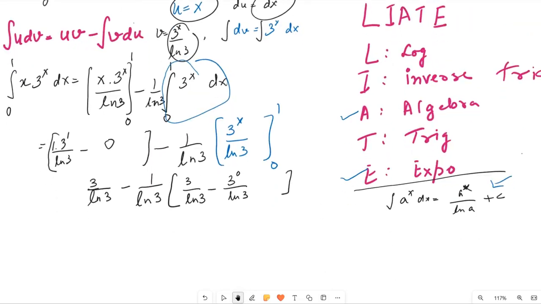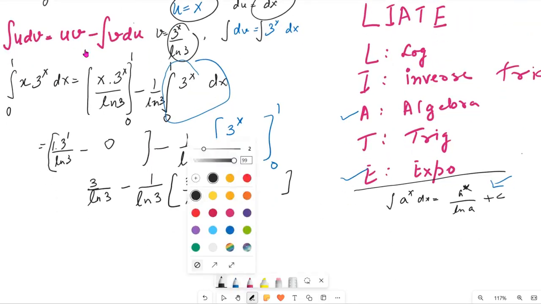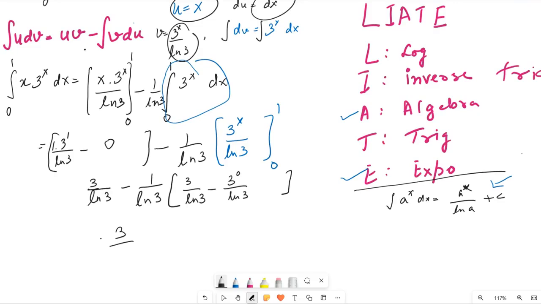So 3 by natural log of 3 minus, when this multiplies inside, 3 times natural log of 3 squared, and when this multiplies inside, this is only just 1, please remember.